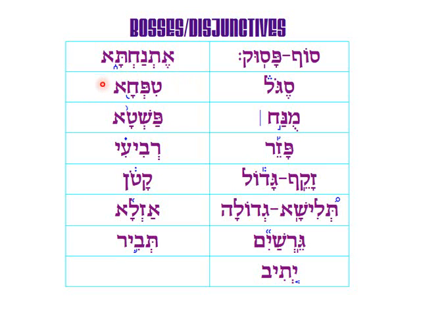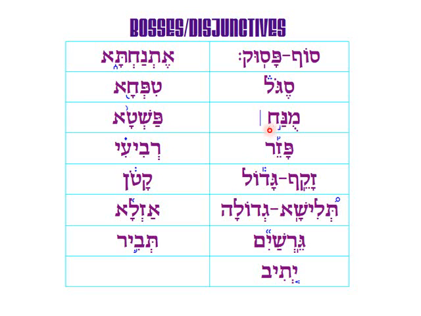We have learned already about the tipcha, and the rest of them we haven't learned. I'll go through them with you, going on the left column. Pashta, Revi'i, Katon, Azla, Tavir, Segol, Munach legarme. This is the line after the munach.